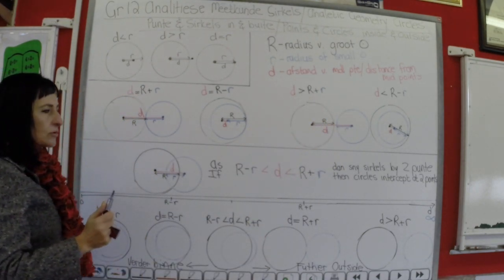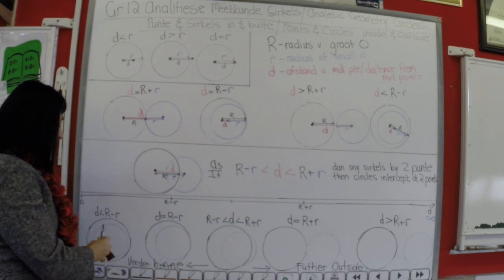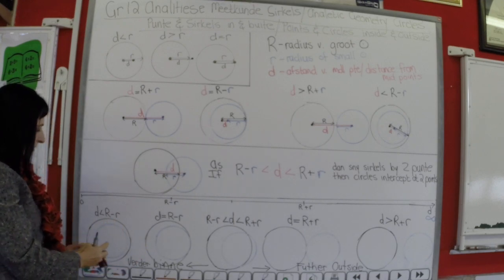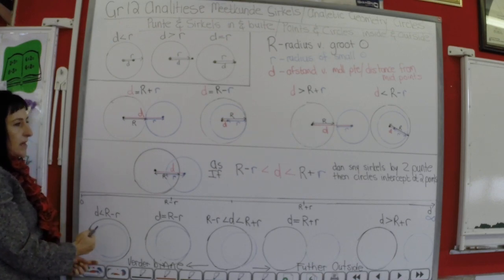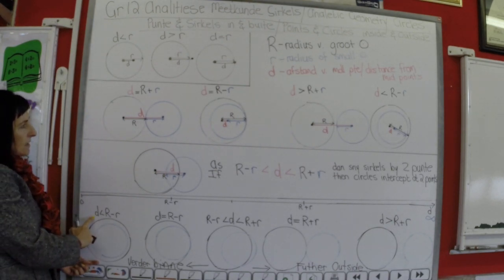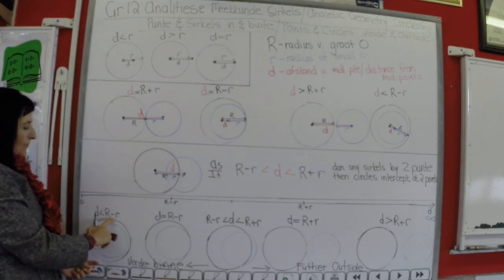So how can we now draw our diagram? And you can study this by heart. When the circle is more to the inner side, look here, I have my big circle with my small circle on the inside and it touches nothing. It's further inside. Then we can say D is smaller than R minus r.